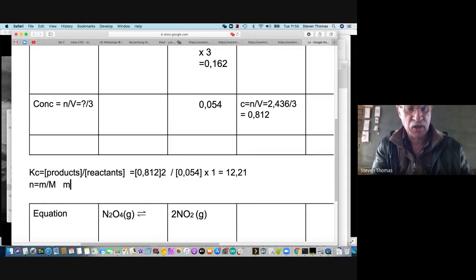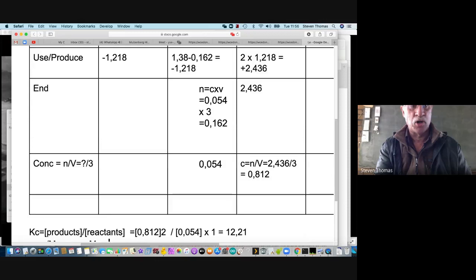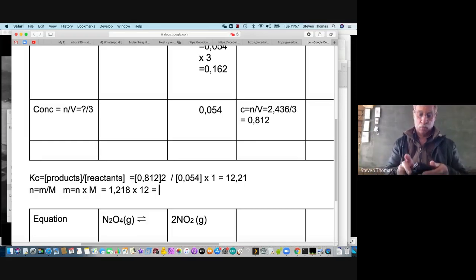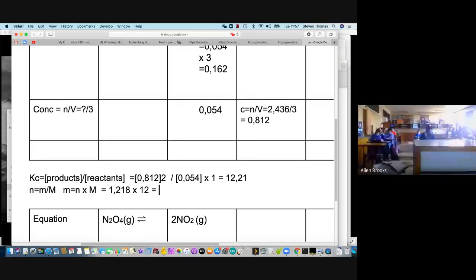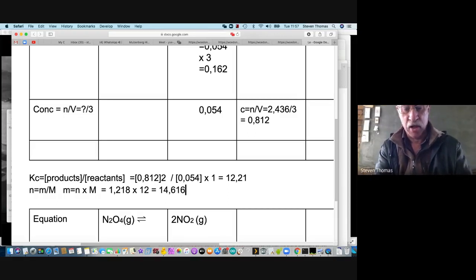Therefore, mass, little m, equals n times big M. And we know the number of moles was 1.218 times the molar mass, which is 12, gives you 14.616 grams of carbon used, minimum.